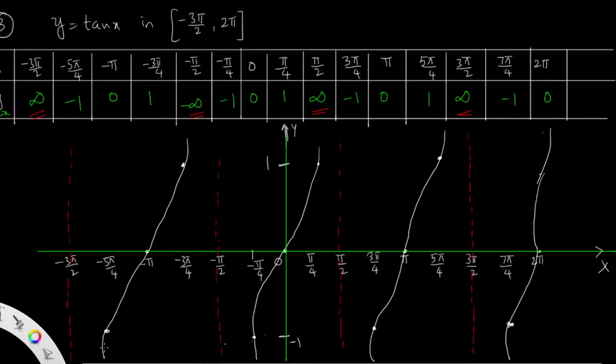By observing these values we can get some ideas to write on the next page. So y equal to tan x is discontinuous; the graph is not a continuous graph. It is discontinuous at every odd multiple of pi by 2: pi by 2, 3 pi by 2, minus pi by 2, minus 3 pi by 2.